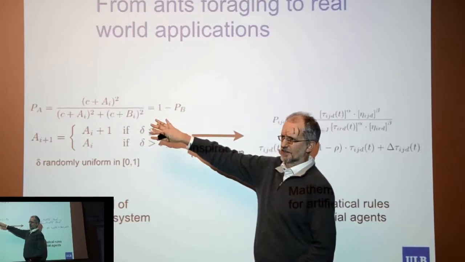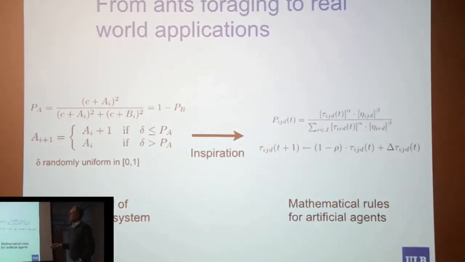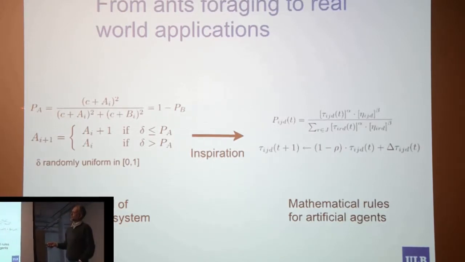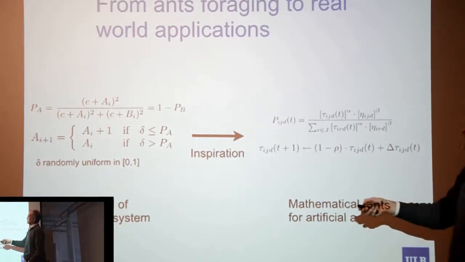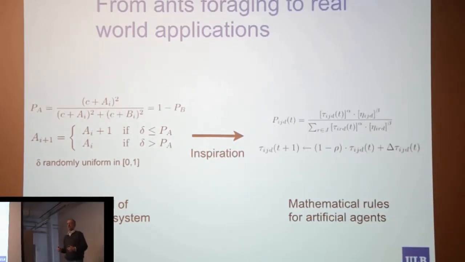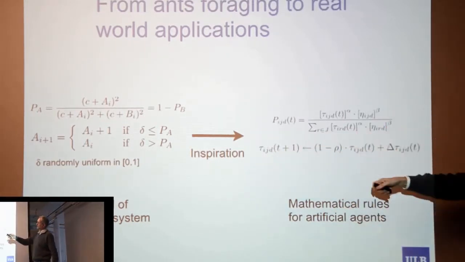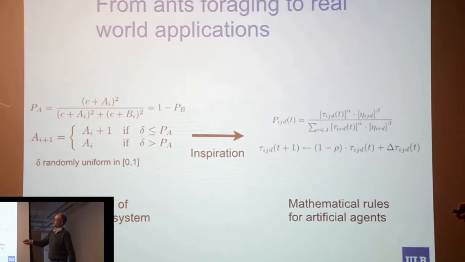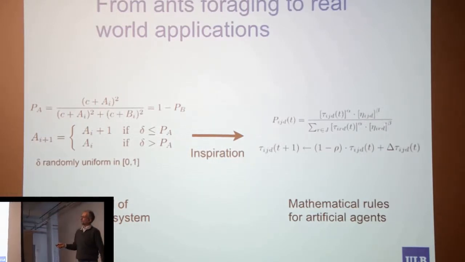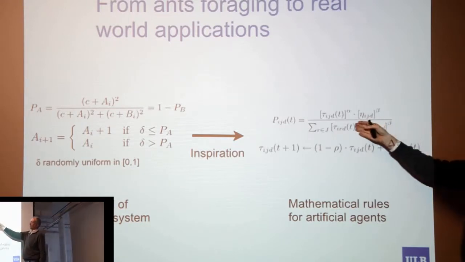The biologists try to explain what they observe. So they proposed a model that says that the probability of choosing one of the branches is proportional to some measure that is consistent with the idea that it is the pheromone. And then what we did was to use that model, you see this equation, to propose an equation that can be used by the artificial ants, an equation that is quite similar.